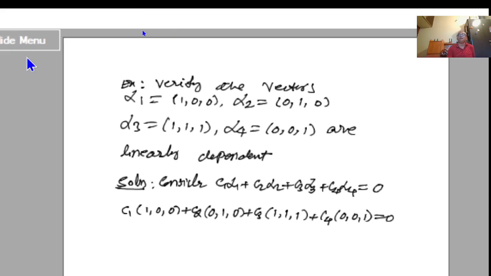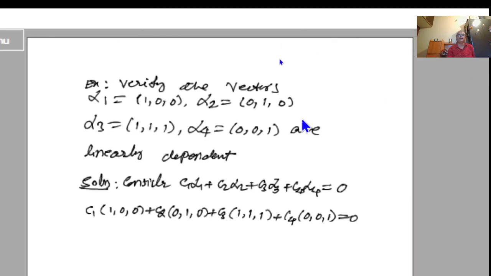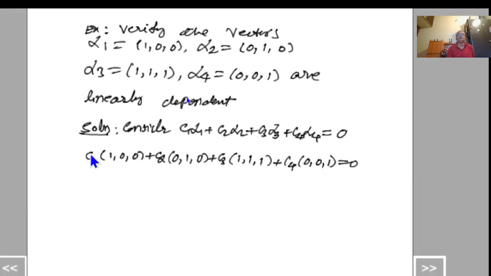Now taking the scalar multiplication and vector addition. First term: C1 into 1 is C1, plus C2 into 0 is 0, plus C3 into 1 is C3, plus C4 into 0 is 0. That is C1 plus 0 plus C3 plus 0. This is the first term. Second term: C1 into 0 is 0, plus C2 into 1 is C2, plus C3 into 1 is C3, plus C4 into 0 is 0.